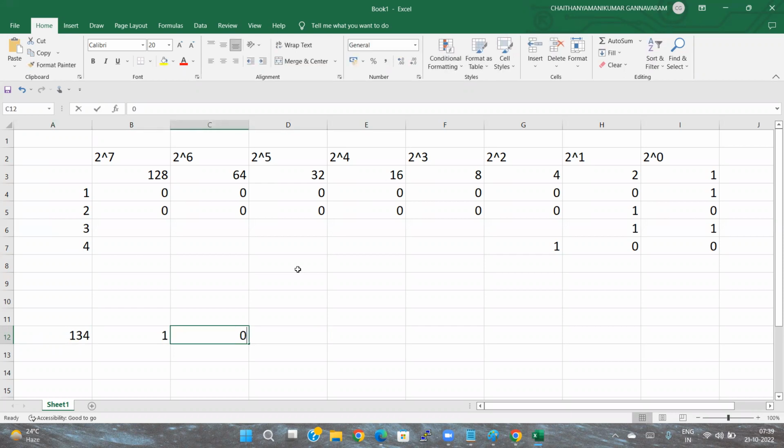Exactly. 1 means 1 into 128, then that will be 128 plus 64 into 0, 0 plus 32 into 0, 0 and 16 into 0, 0 and 128 plus 8, then that will be 136, which I don't want. And 128 plus 4, then that will be 132 plus, this is the value of 134, 1, 4 zeros, 110. This is how you are going to get the value of your 134.